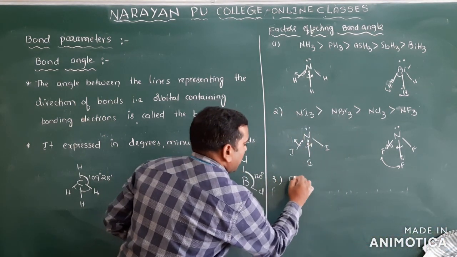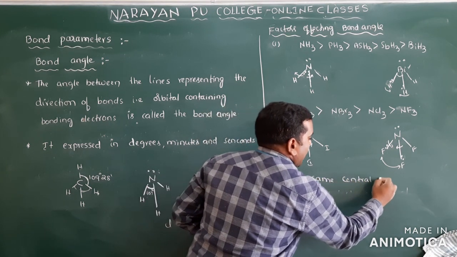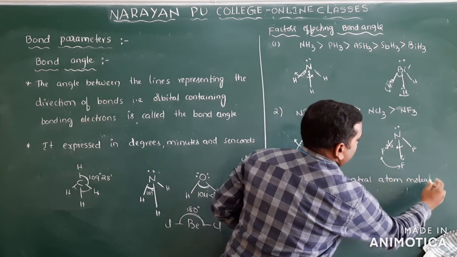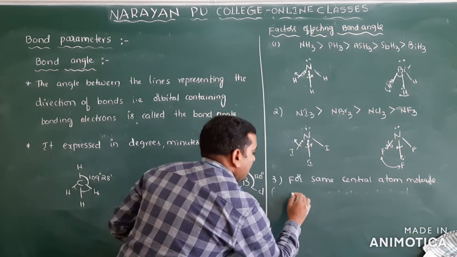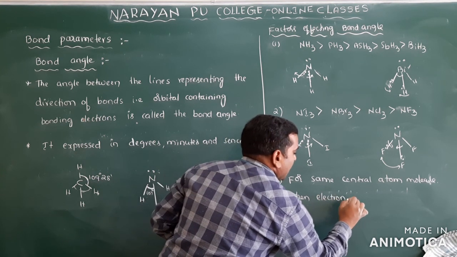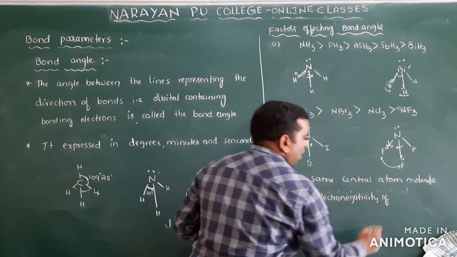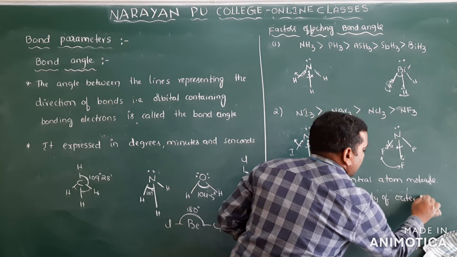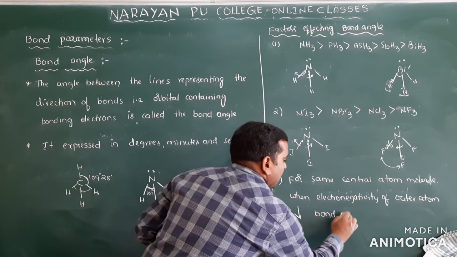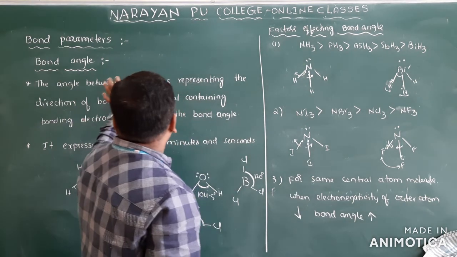So here, for same central atom molecules, when the electronegativity of the outer atom decreases, bond angle increases. So this is the concept of bond angle.